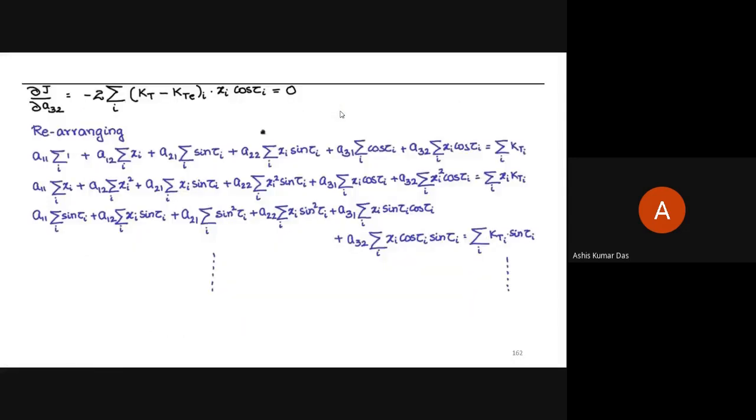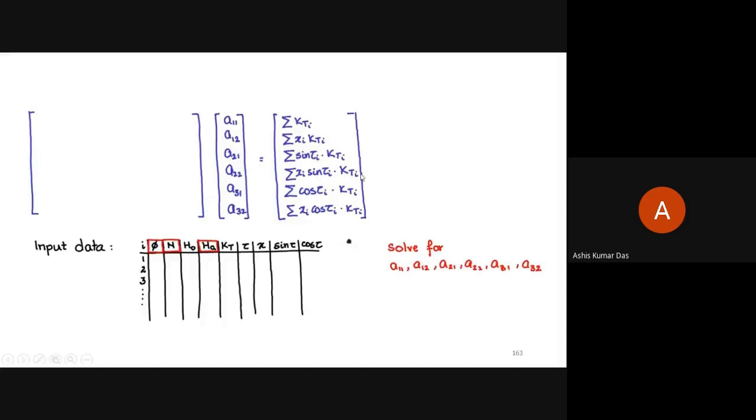So accordingly this is what we are getting in the right hand side of this matrix, and the unknown parameters are given by A11, A12, A21, A22, A31, A32. So this is the matrix representation.